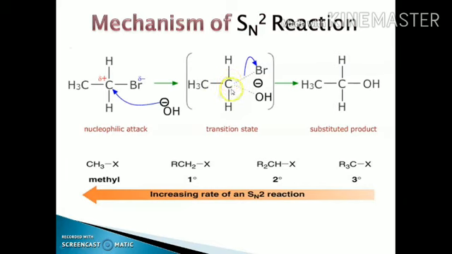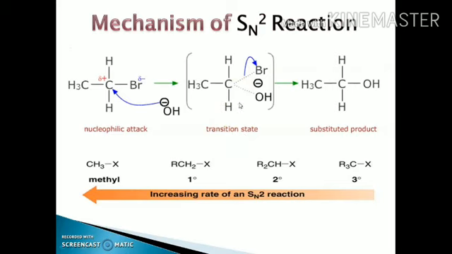As we know that carbon shows only tetravalency, meaning the valency of the carbon is 4, but the transition state shows that the carbon has valency 5. See, it makes 5 bonds. This is not possible. It means this transition state is highly unstable in nature.